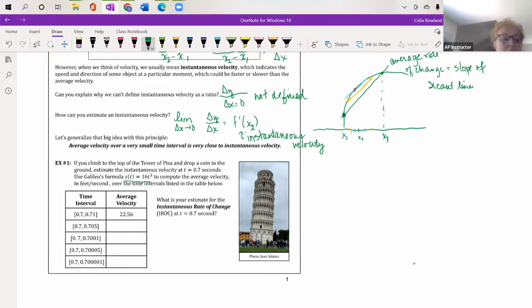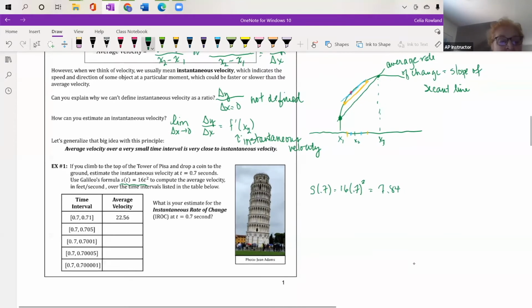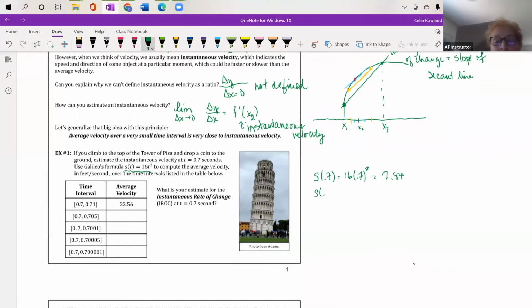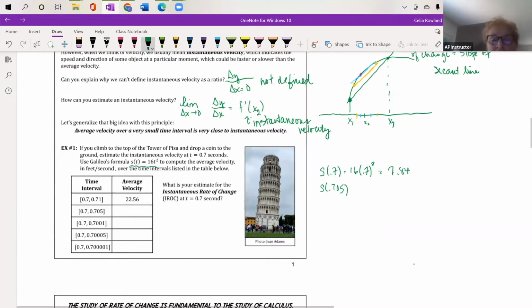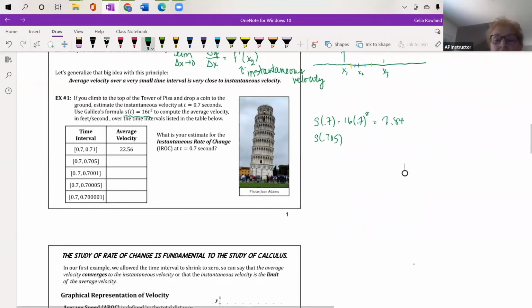We're going to do 0.7 to 0.71, and we're going to use 16t squared. So let's see, S of 0.7 is 16 times 0.7 squared, 7.84. All right, and then we want to do S of 0.705. And this is 7.9524.